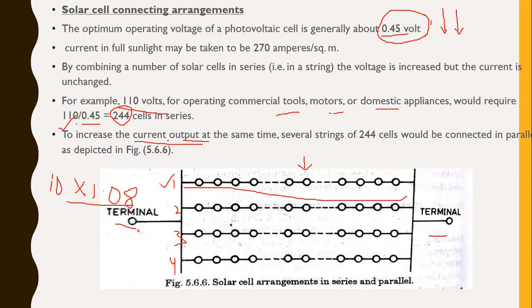If you do not use the diode, at the time of faults or failures there may be a chance of current flowing in the opposite direction. So in order to avoid this, we should include a unidirectional diode that permits current flow in only one direction.